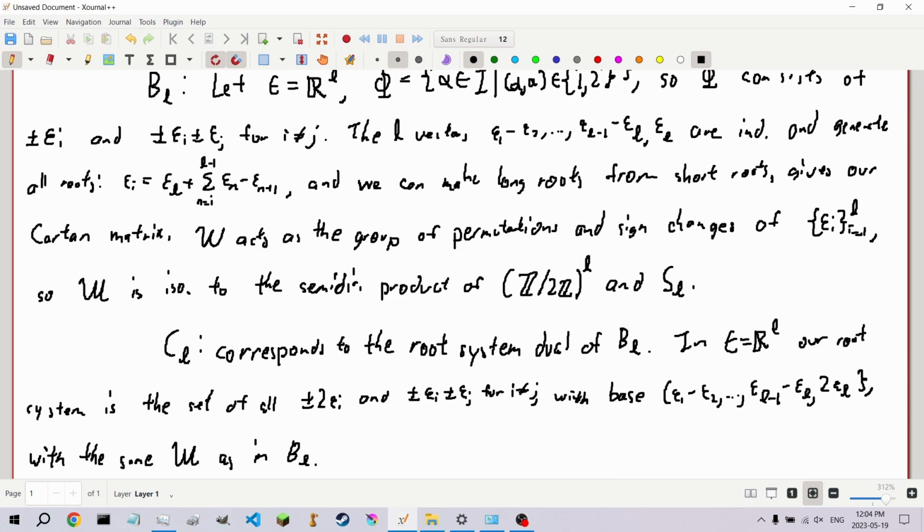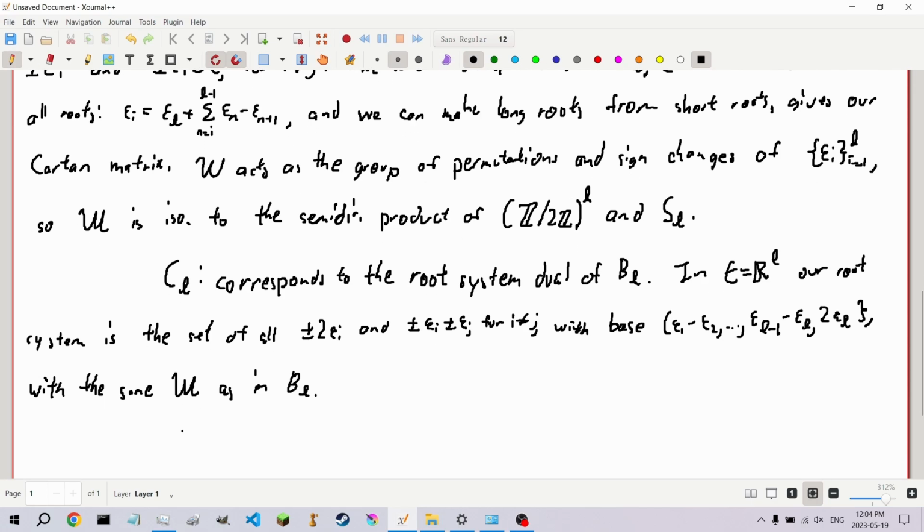Now our last family, corresponding to the forks, is DL. L has to be at least 4, otherwise it's isomorphic to A once again.